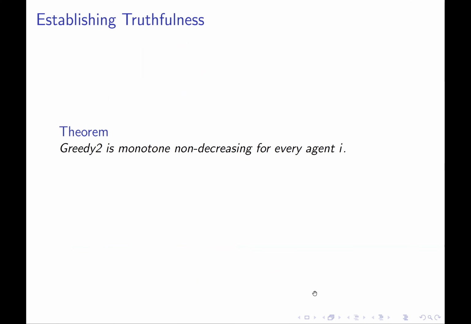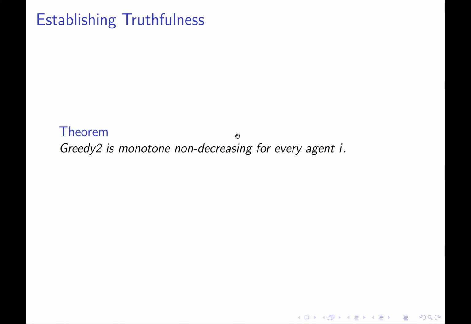And the only thing left to establish is that not only is this a two approximation algorithm, but that it satisfies this monotone non-decreasing property for every agent I. That if they raise their bid, they can only go from losing to winning.